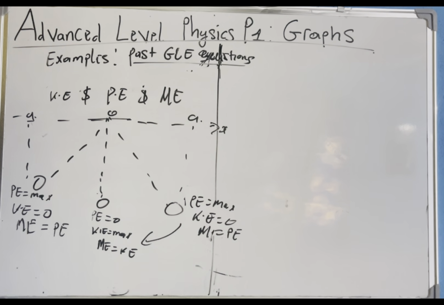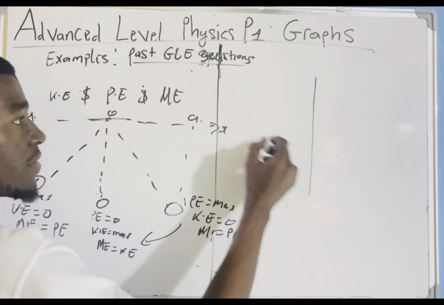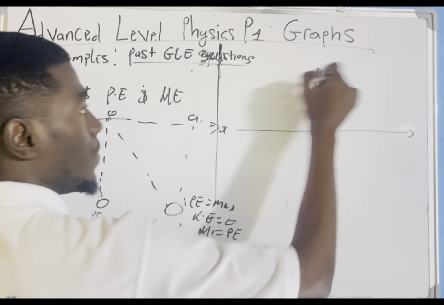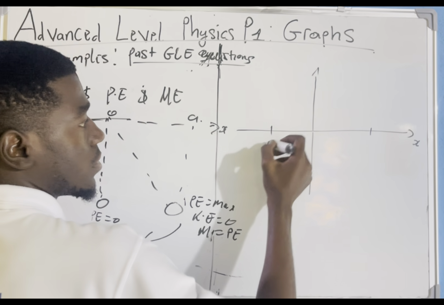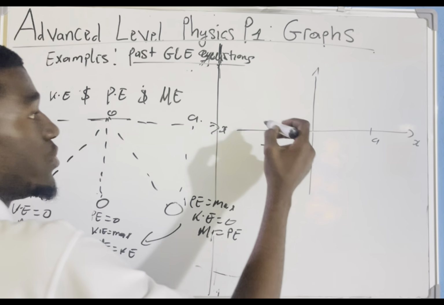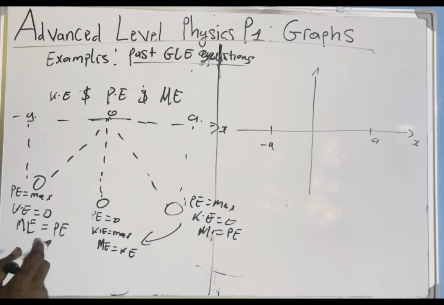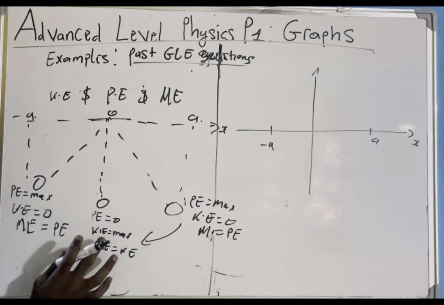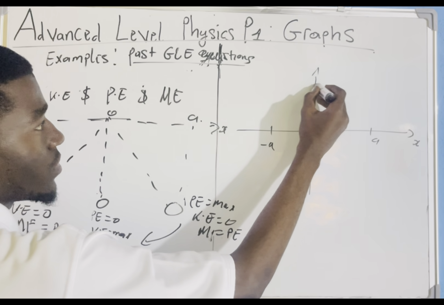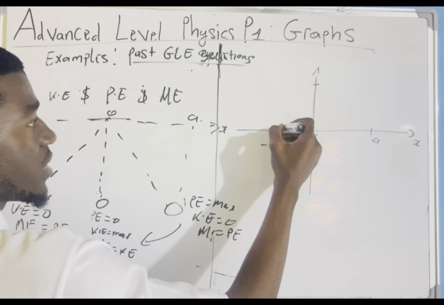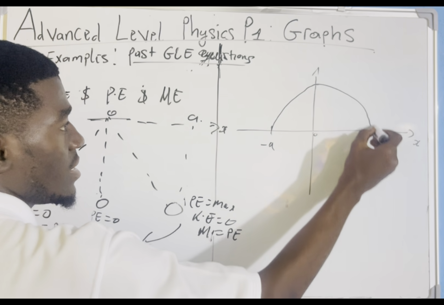So if I want to draw the graph here with the axis, if this one is x, this one is negative a, you see that kinetic energy is maximum where the displacement is minimum, at 0, so the graph passes like this.